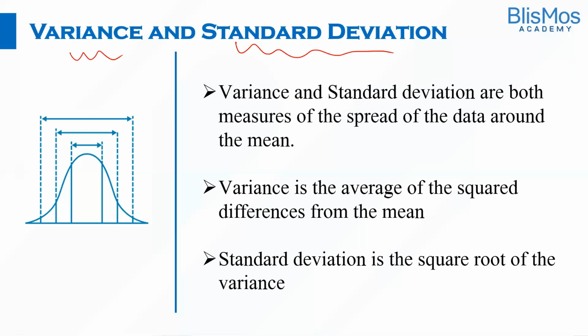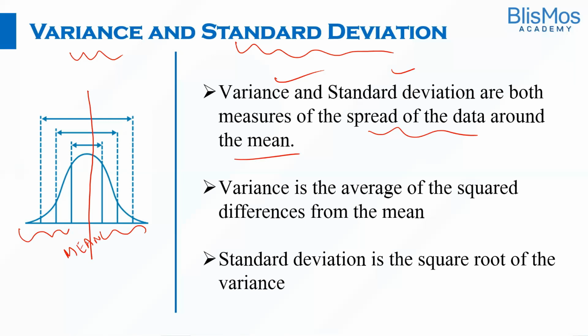Variance and standard deviation measure the spread of the data around the mean. For example, here we have a mean, this is the mean in the center. How the data is spread across the mean is what is measured by variance and standard deviation.